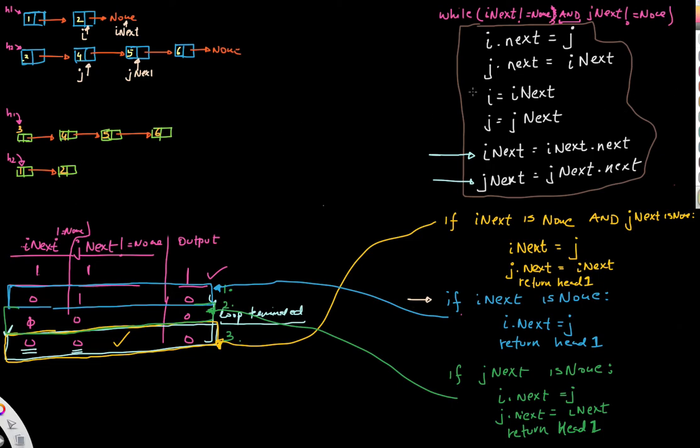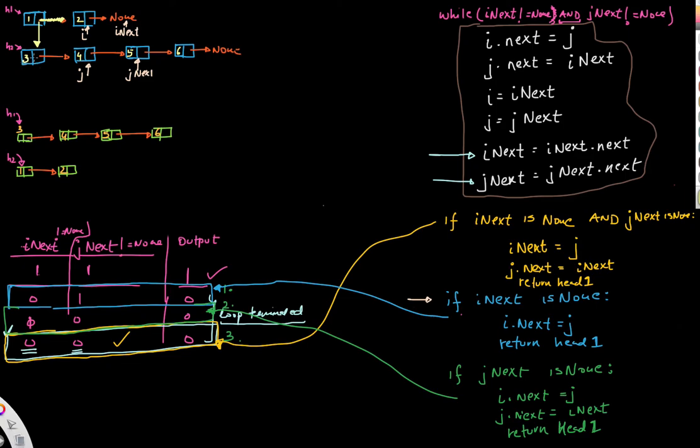Now what would my references look like at that time? Because of the merge, I won't have the next reference of the node 1 pointing at 2, but instead it's going to be pointing at the node with the element 3.